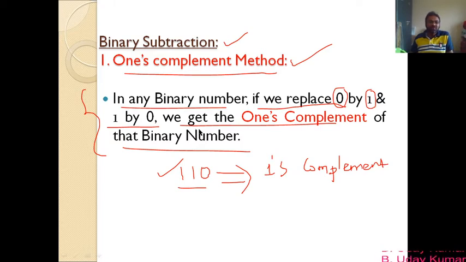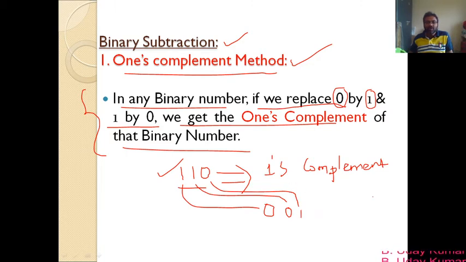If you do so, you get its one's complement. So if I replace 1 by 0 and 0 by 1, this 1 is replaced by 0 and this 1 is also replaced by 0, and this 0 will be replaced by 1. So the one's complement of 110 will be 001. This is what you have to understand. You just replace 1 by 0 and 0 by 1, and if you do so, you get the one's complement of that binary number. Please try to remember, it's very simple.